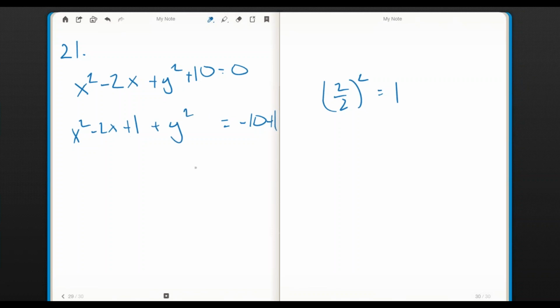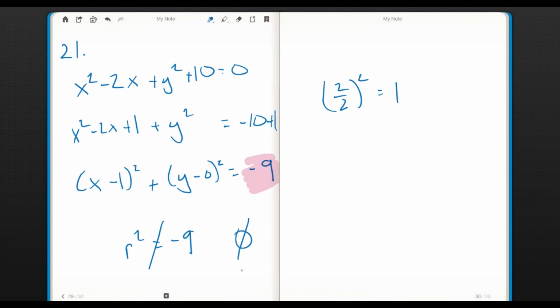The y is already squared, and so I end up with x minus 1 squared plus y minus 0 squared equals negative 9. And this negative 9 is what tells me I have a problem, because the formula tells me that the radius squared is that number, and that cannot be, so this is not an equation of a circle.